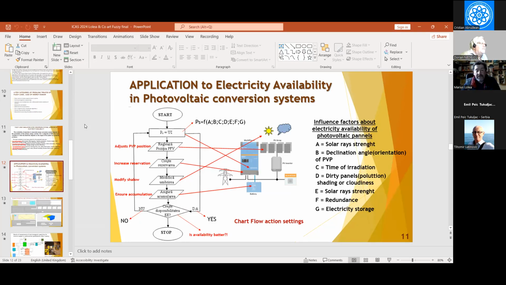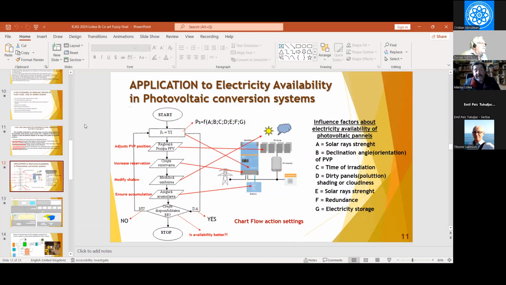We modify shadows or nebulosity, which are quantities we have to modify from the ground, and ensure the accumulation. Accumulation means the number of batteries or accumulators put in parallel in the system.